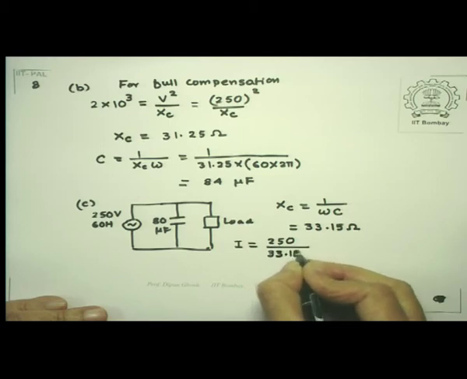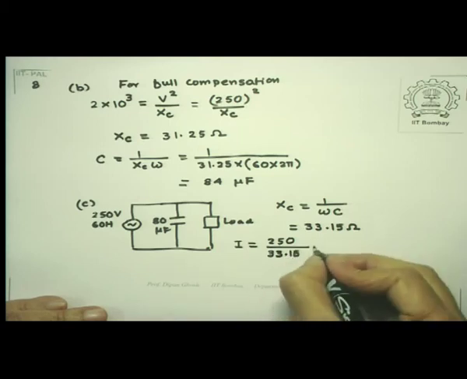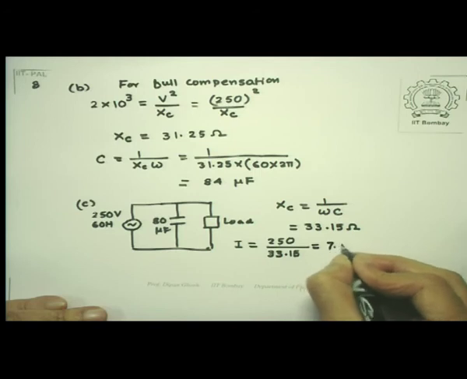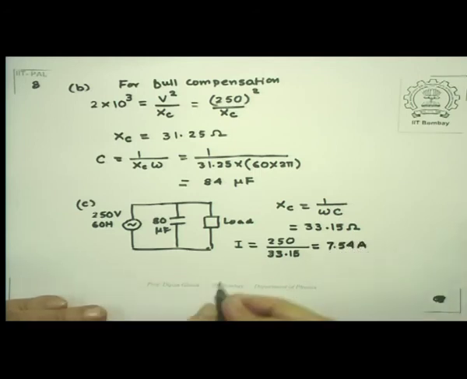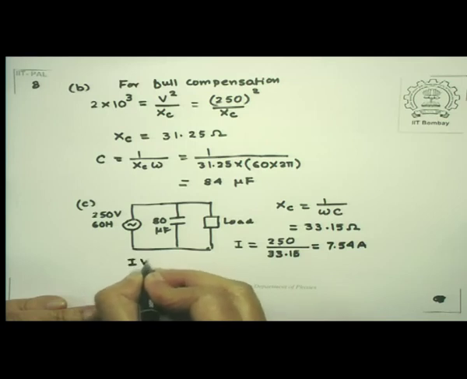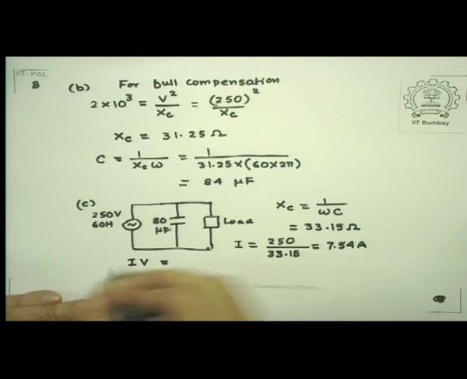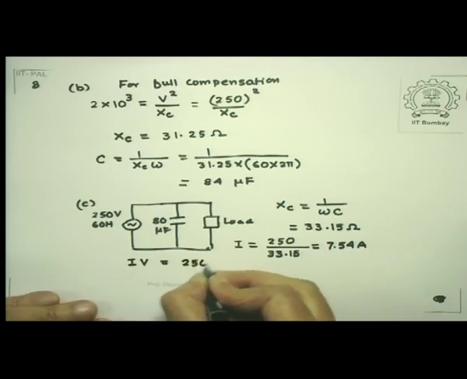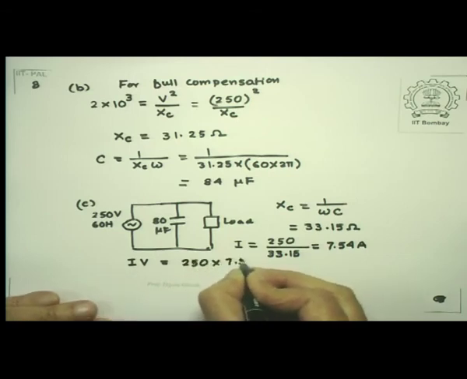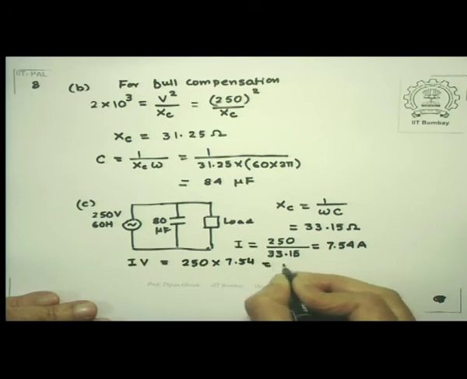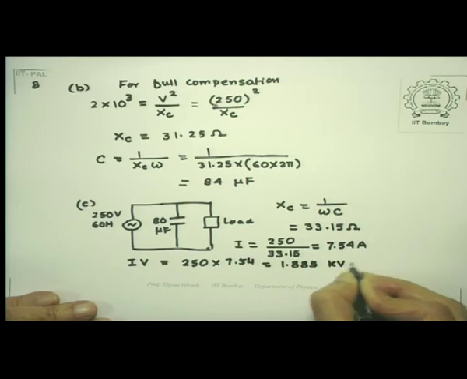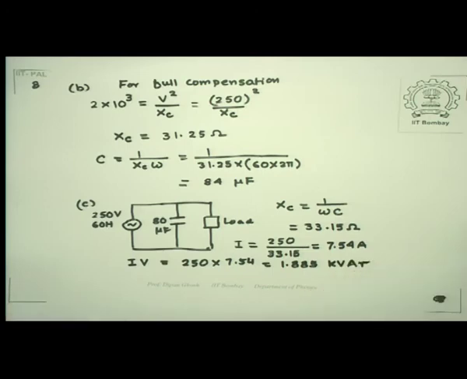This is the capacitive current, which is 7.54 ampere. If you multiply this with V, so 250 multiplied by 7.54, it works out to 1.885 kilovolt ampere reactive.